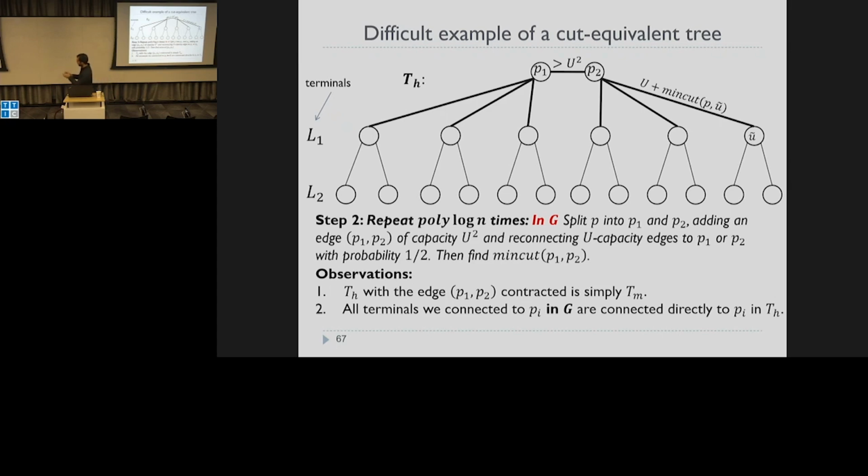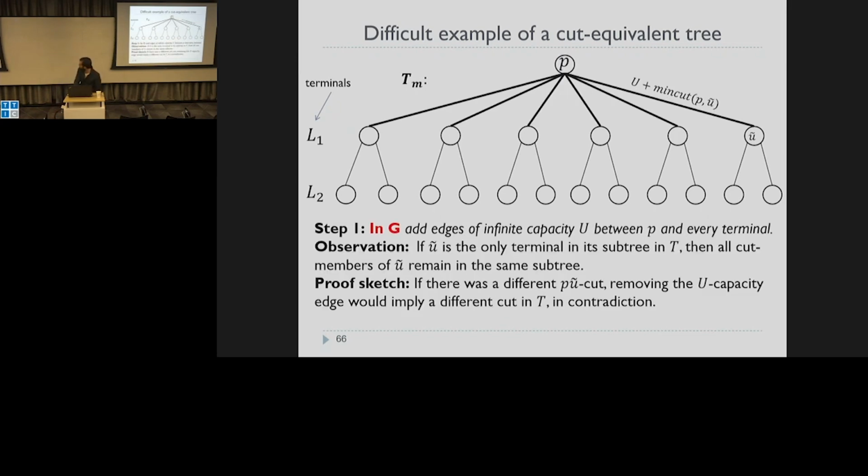The basic idea is that the nodes in L1 are going to go with their parents. This is basically the idea here. So the observation is that the Gomory-Hu tree with this new edge contracted is the previous tree, is just that tree.